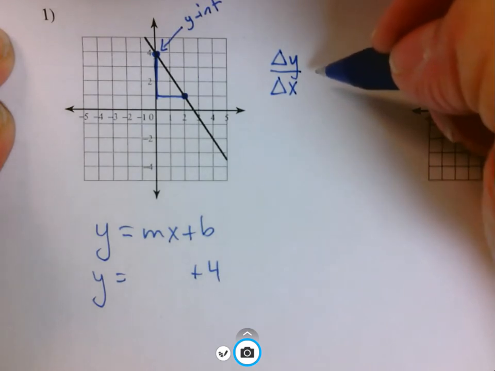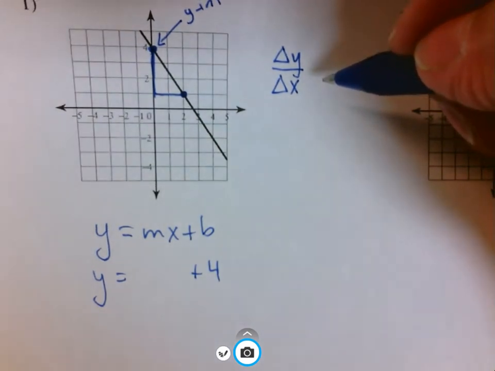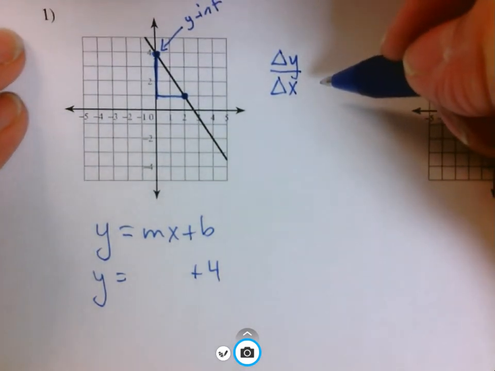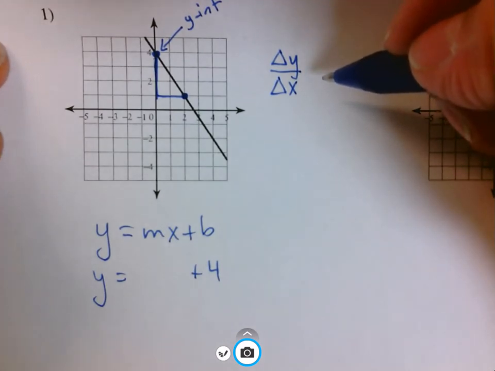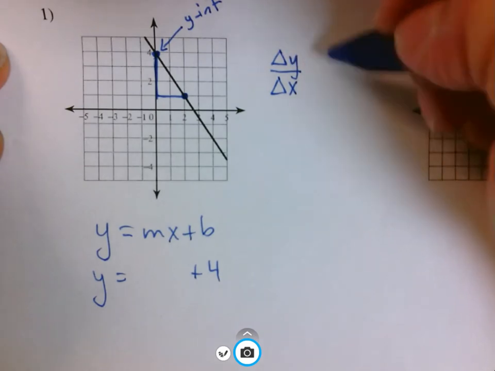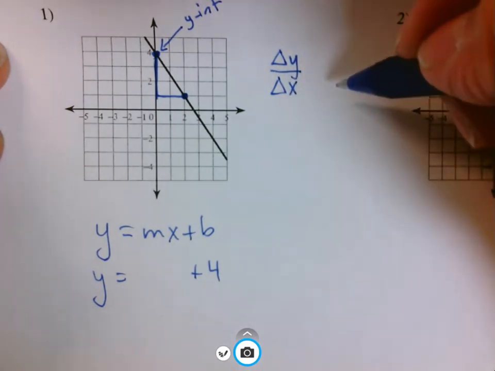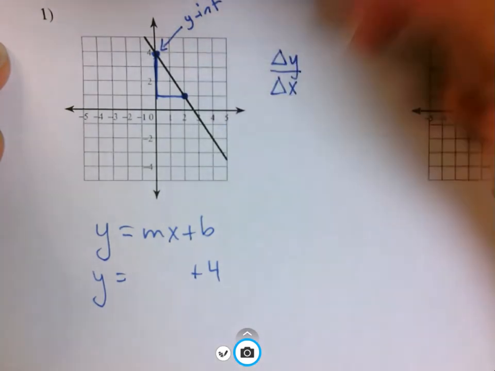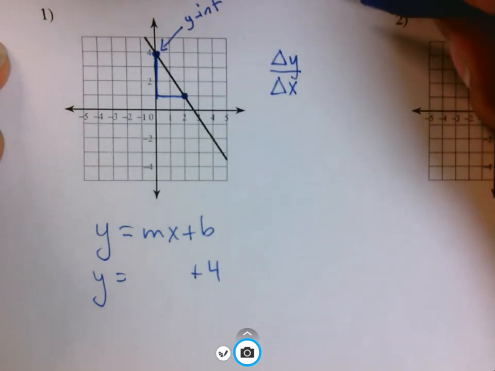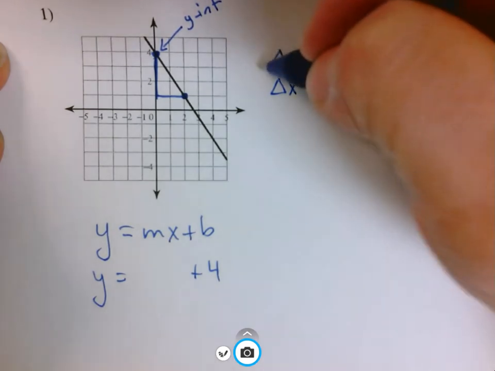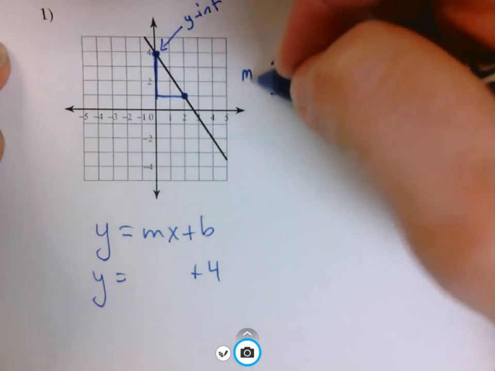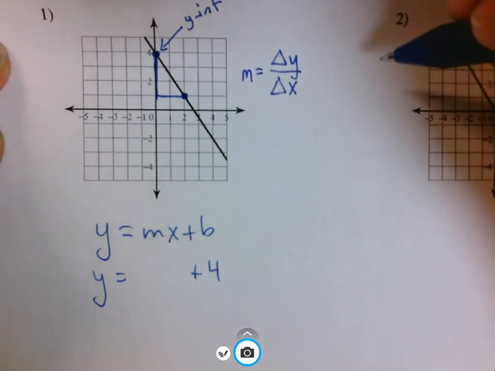So remember, if the painter is charging $10 for 3 hours of work and $15 for 4 hours of work, we can calculate the rate of change by taking the difference in the prices divided by the difference in the hours. And when we're working with x and y, it's not a rate of change. Rate of change is when we have a situation. When we don't, we just have x's and y's, we call it slope, or m.